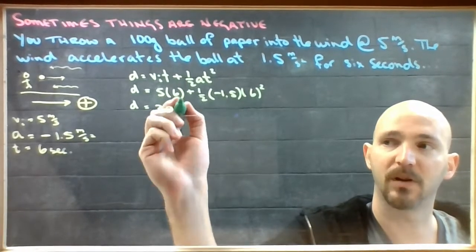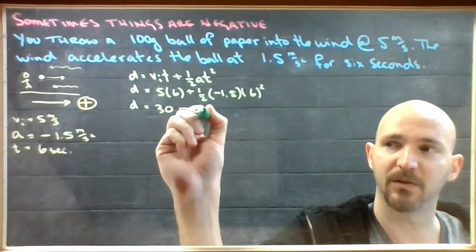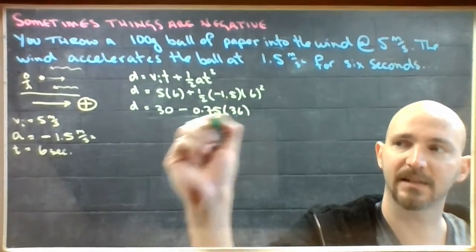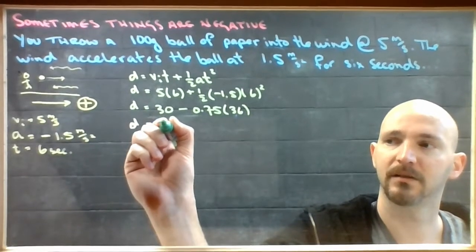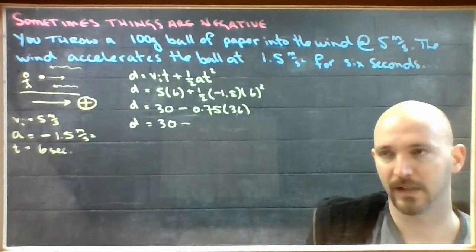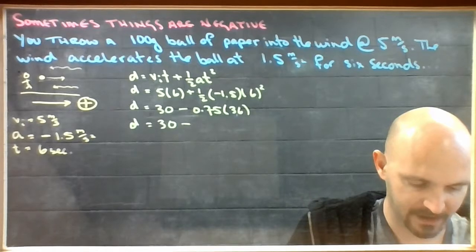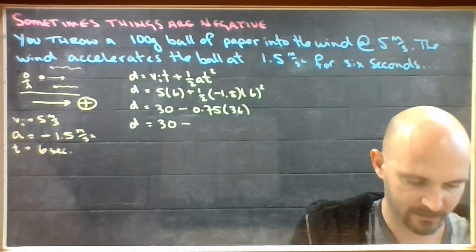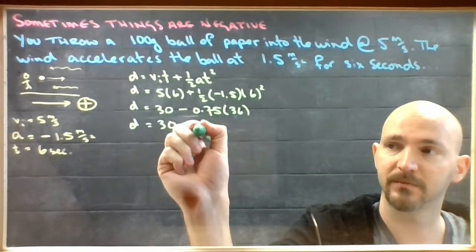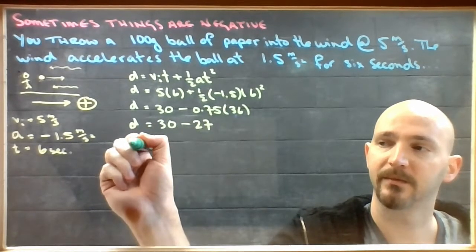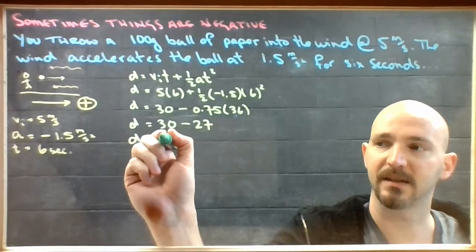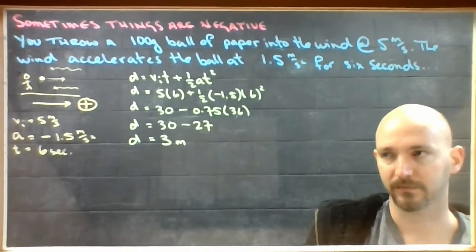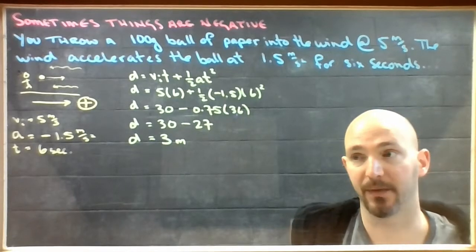Half of negative 1.5 would be negative 0.75, and 6 squared is 36. 0.75 times 36 is 27. So the distance is 3. Now that's a positive 3.